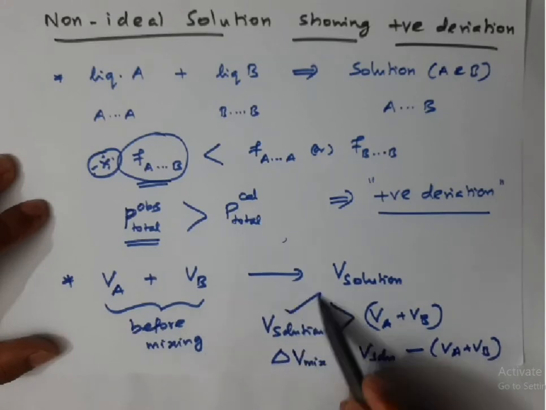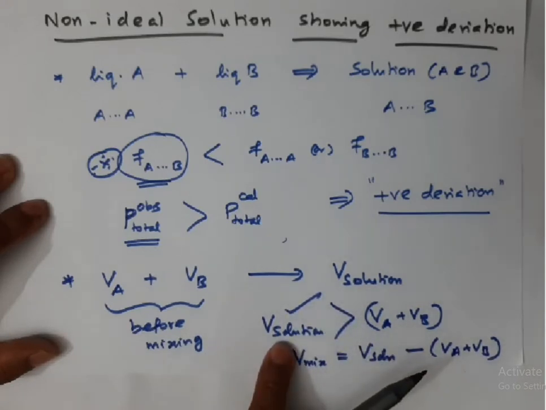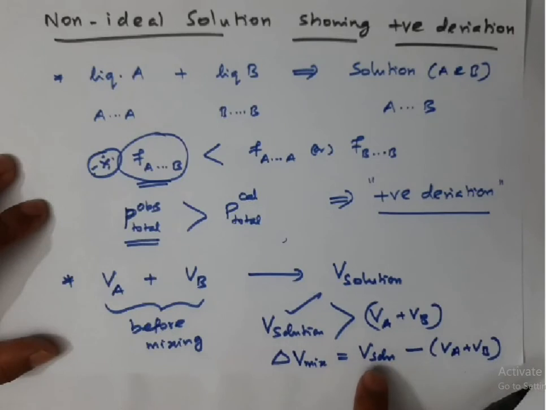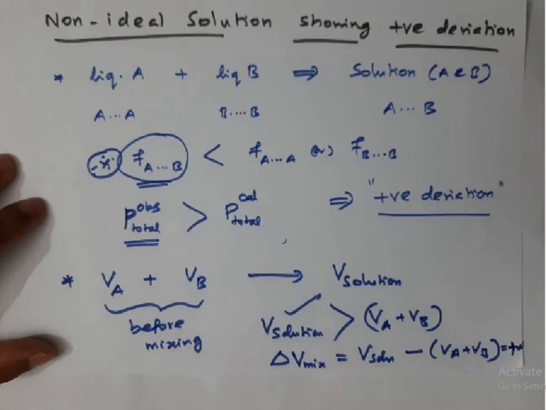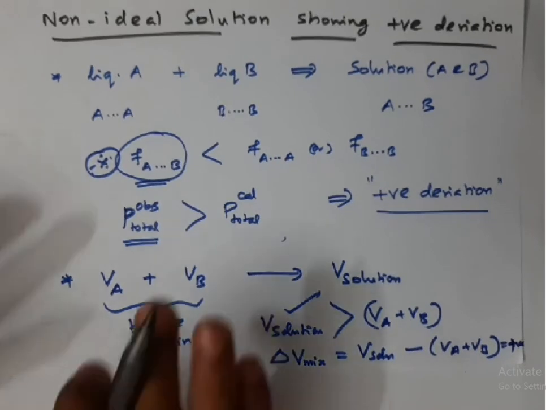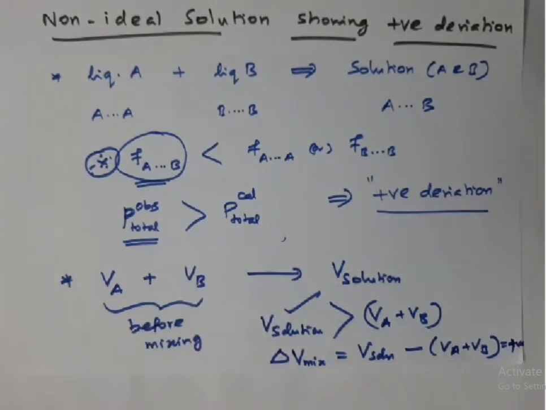I have told you the volume of the solution is greater than the sum of these two. Therefore, larger value minus smaller value, if you subtract, you will get a positive value. Students, is this clear? Any doubt here?